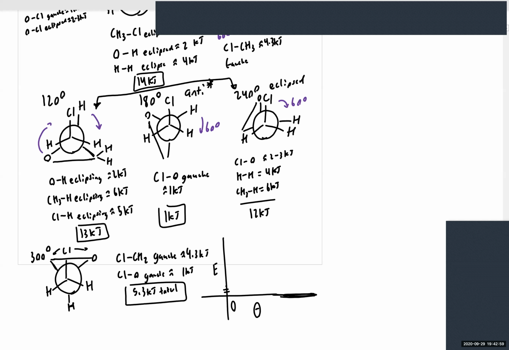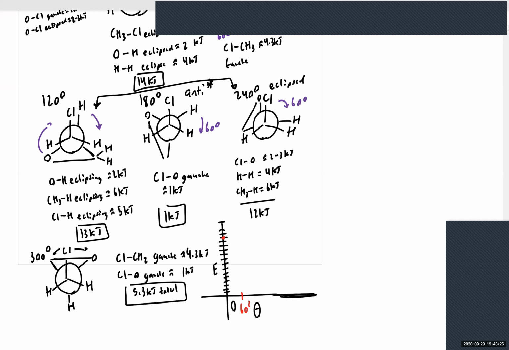So let me put our data point for 0 dihedral angle.